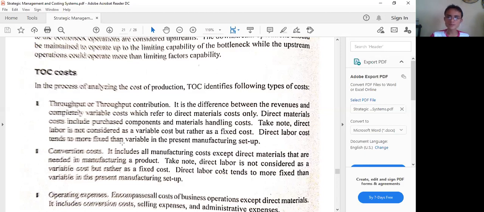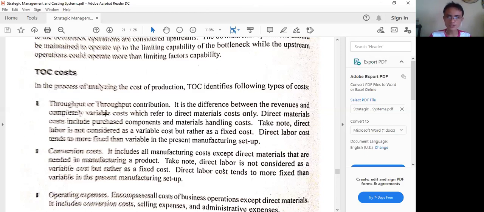The direct labor cost is more on the salaries, for example, of the production employees, which in the short run analysis are fixed in nature. So this is the reason for this particular statement.